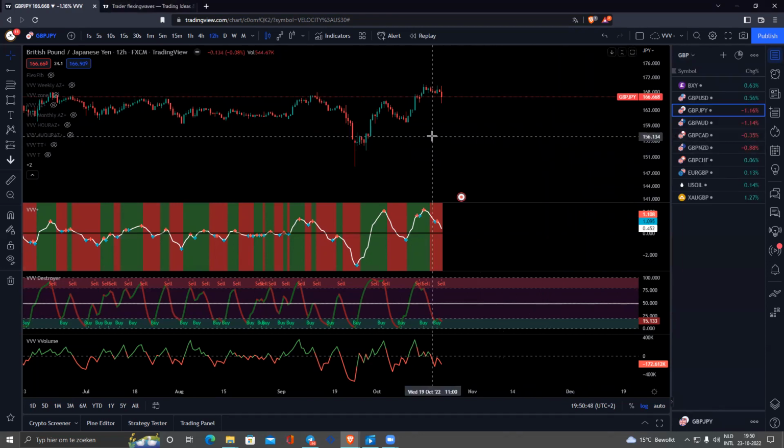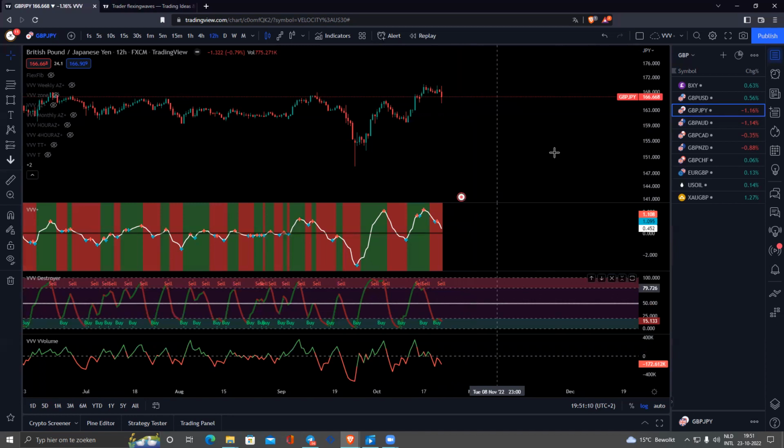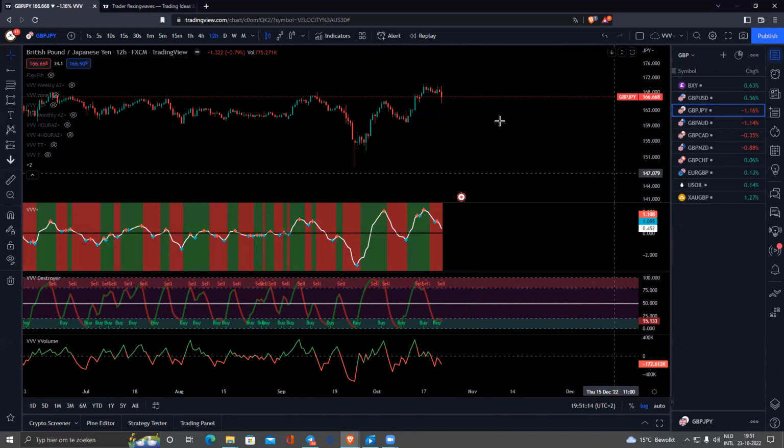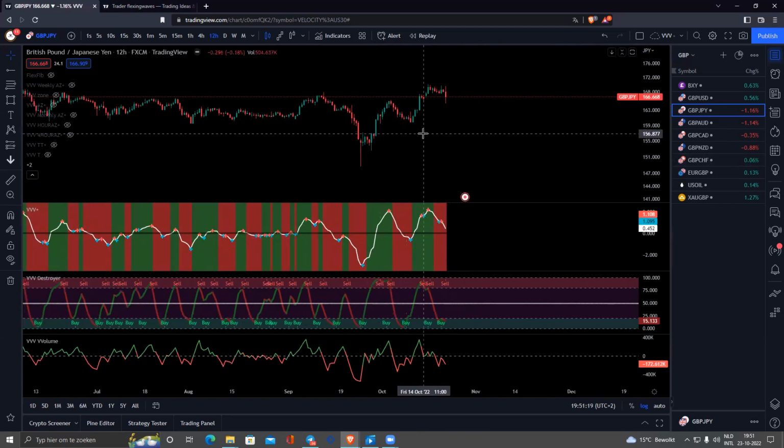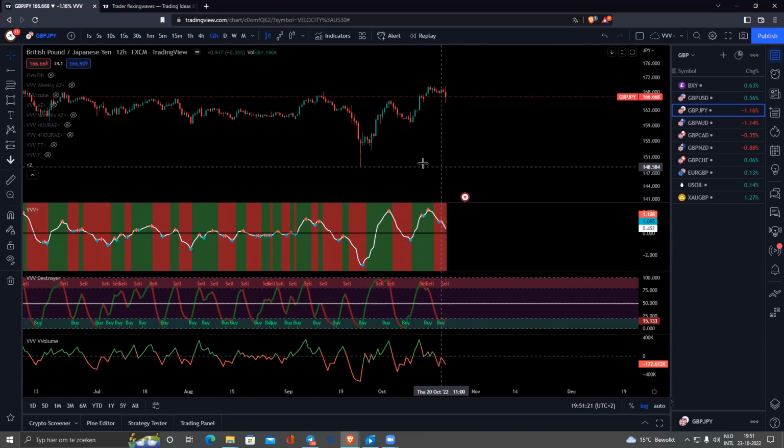So Japan was... I will search for the diagram of it, but normally Japan was one of the countries where interest was not increased in the past months, and the rest of the world actually did. And yeah, we see what is happening with the JPY, but I think also it's temporary for them.